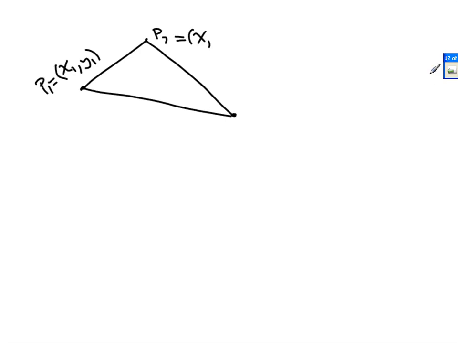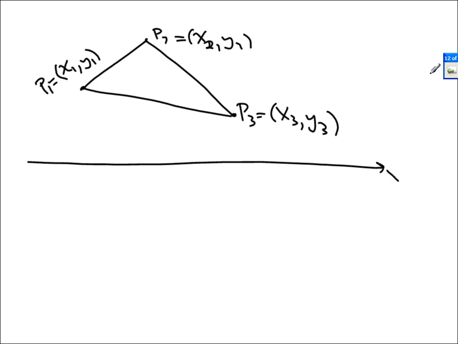P2 is (x2, y2). And P3 is (x3, y3). And I will put the xy axes in place. Now, we want to find that area, but we're going to find that area this way.